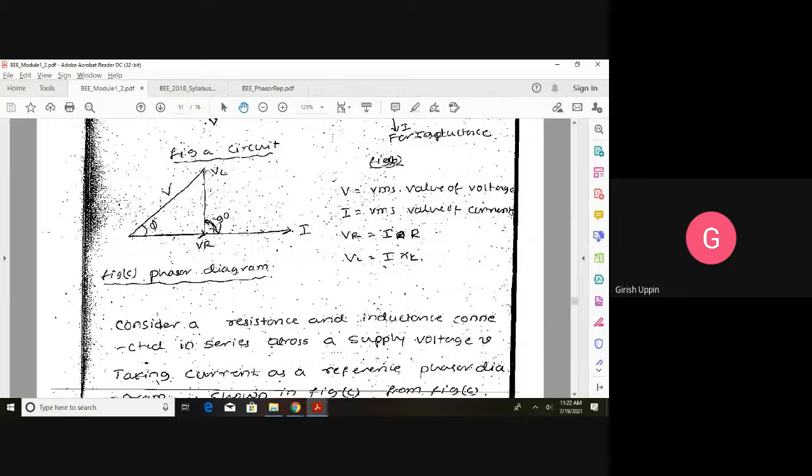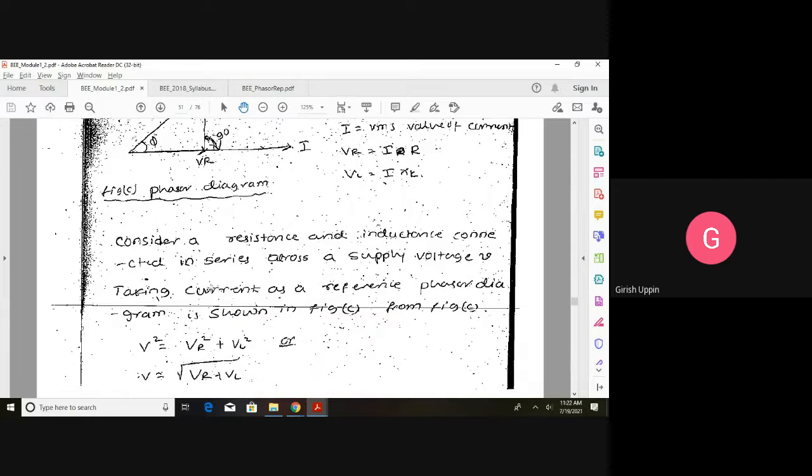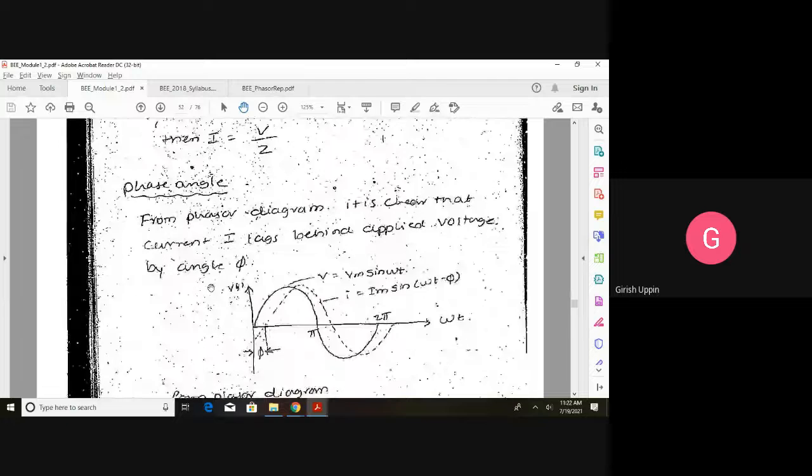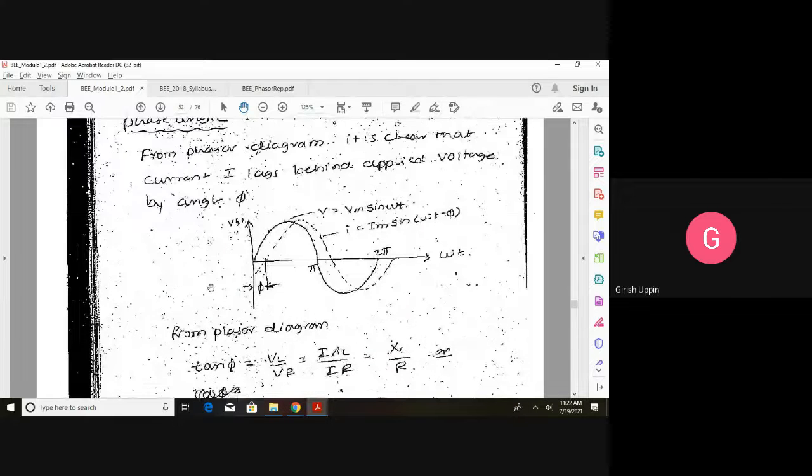This is the applied voltage V, which is given as V is equal to Vm sin omega t, and this is the resulting current we got, and this is the angle phi, and the current is lagging the voltage by an angle phi. That is how we get the equation. So the current will start after an angle phi. This is voltage and the dotted one is the current.